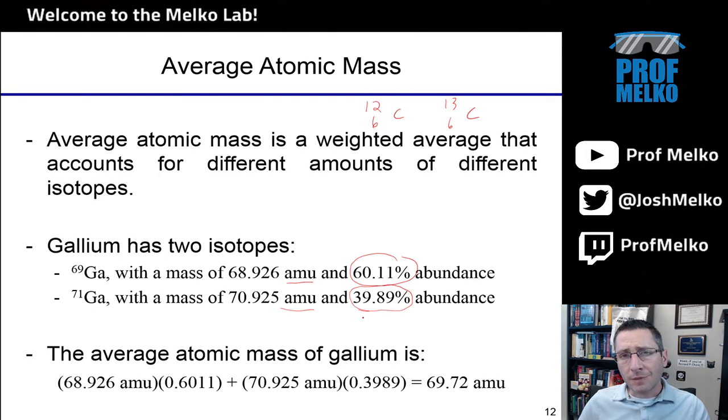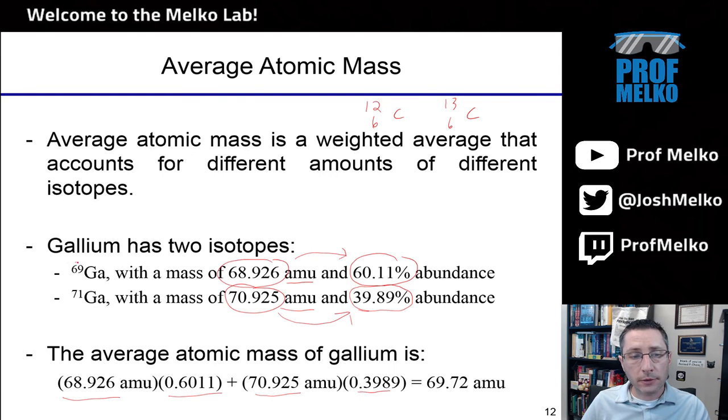So, on average, what is the mass of gallium? It's a weighted combination of these two masses, weighted by their corresponding abundance. To find the average atomic mass of gallium, we take this mass of gallium-69 times its percentage in decimal form, and add to it the other mass and its corresponding percentage.